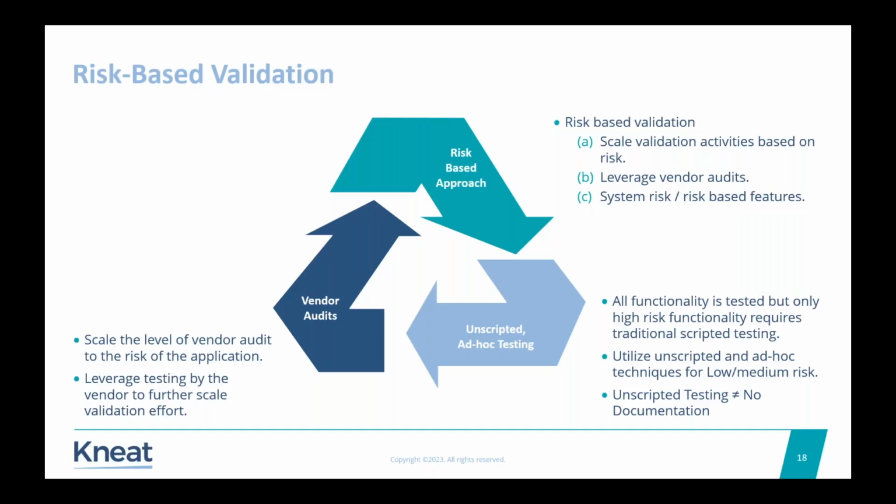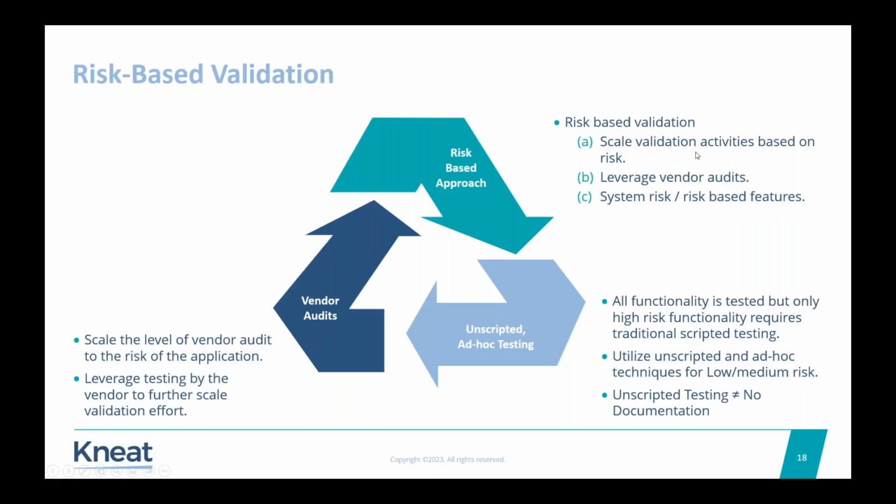And you leverage testing by the vendor to scale the validation effort. What I mean here is don't reinvent the wheel. If the vendor has done the testing, your audit might be just to go in and verify that you're happy with the level of testing. If you are, don't retest. You don't really get anything other than a warm fuzzy feeling that we've done it, but have we done it correctly and how many weeks has that taken us?